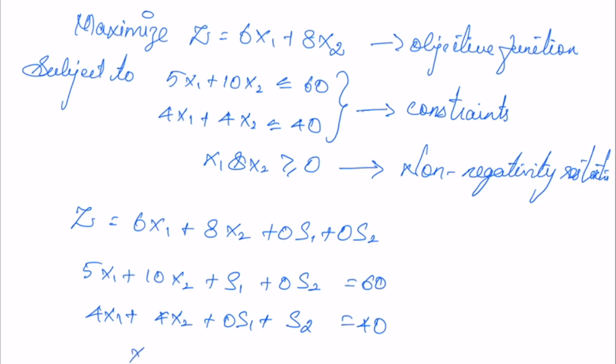And here the non-negativity restrictions will include all the variables x1, x2, s1, s2 greater than or equal to 0.